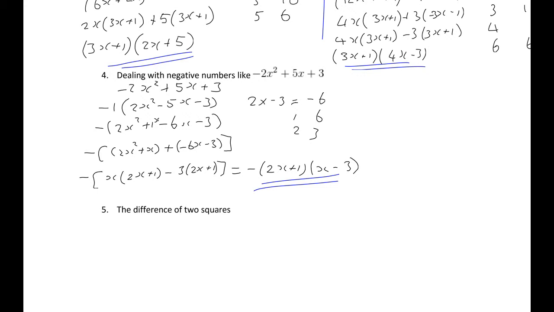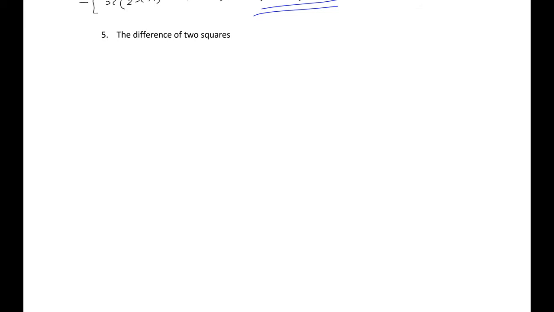Okay then. The difference of two squares. What we mean by the difference of two squares is something like this. Okay, bit of pattern recognition. If you ever see that, it's a square minus a square, the difference of two squares. You need to be able to know that that equals (x plus a)(x minus a).